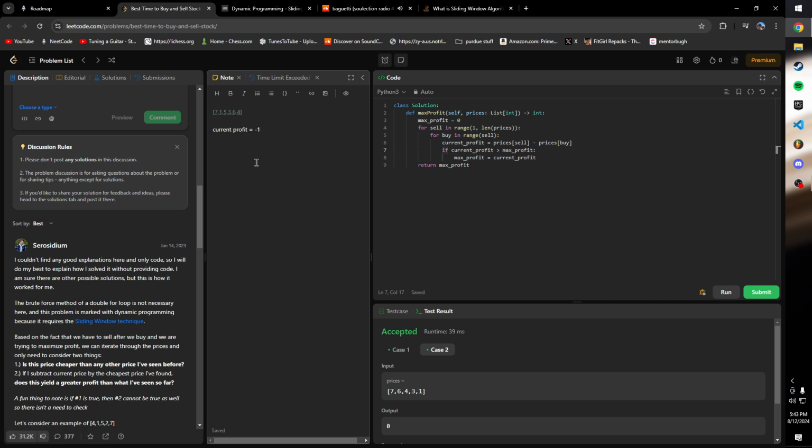And then we go to 5. 7 minus 5. Is this cheaper than any other price I've seen before? Is 5 cheaper than 1? No. 0 then 1, no. 6 then 1, no. 4 then 1, no. Wait, what?